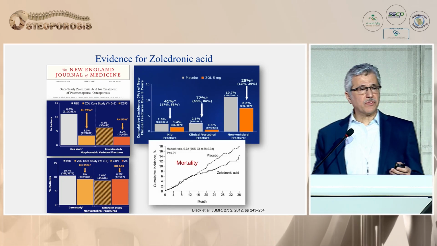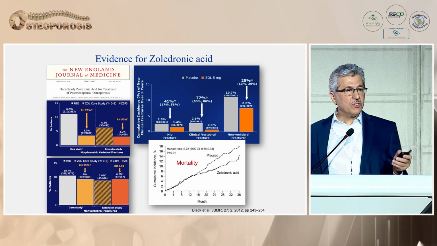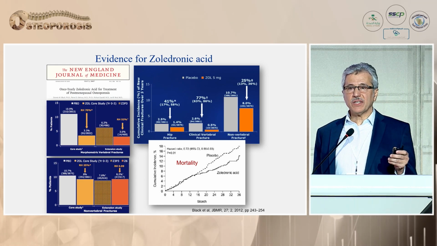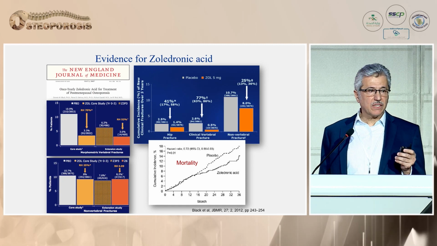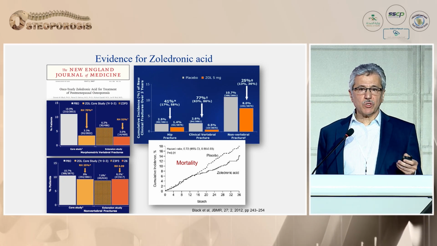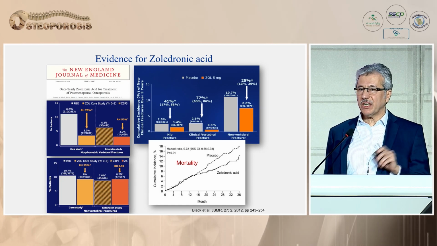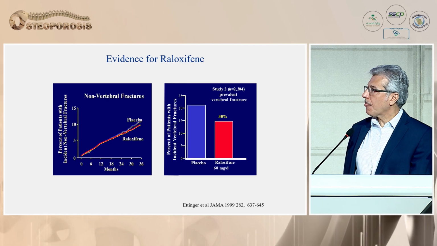One thing we learned from zoledronic acid is decreased mortality. Those agents, bisphosphonates, especially IV bisphosphonate, show that we can improve survival and decrease mortality in patients who were treated with this agent, especially after hip fracture.